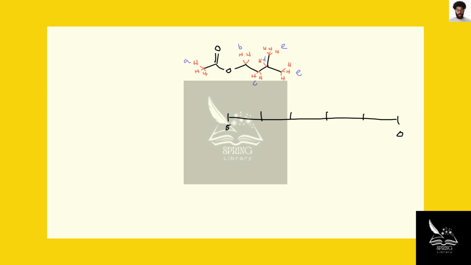At 0.9, about 1, there's a 6 proton doublet. At 1.5, there's a 2 proton multiplet. At 1.7, there's a 1 proton multiplet.